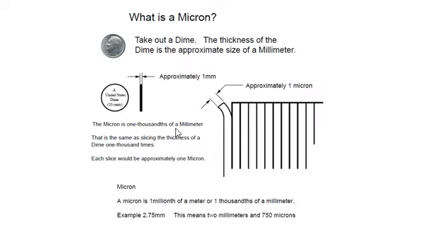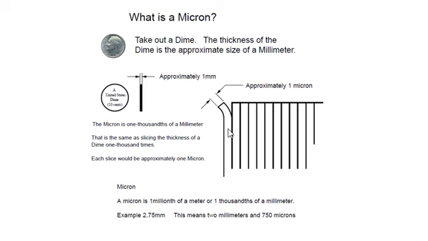Then of course we have to get into what a micron is. If you take out a dime, the thickness of that dime is about a millimeter. So when you look at the thickness of a dime, you say that is approximately 1 millimeter.